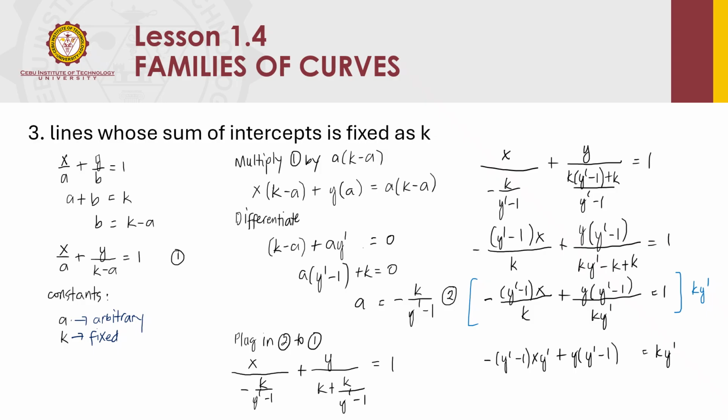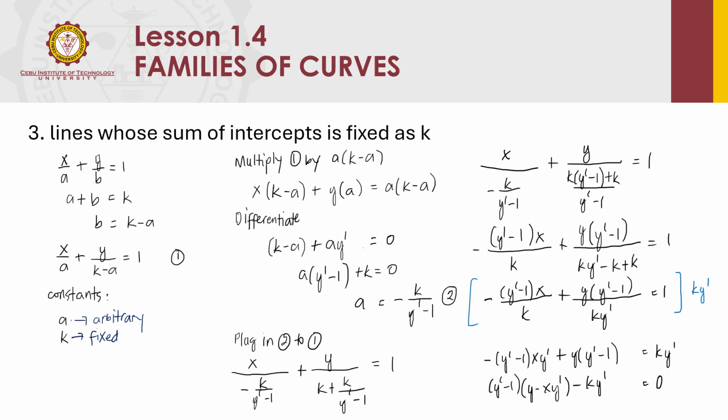If we're going to combine similar terms, y prime minus 1 is a common factor, so we can factor it out from the two terms. So we get y minus xy prime, and then we're going to transfer the ky prime into the other side of the equation. So we have minus ky prime equals 0.